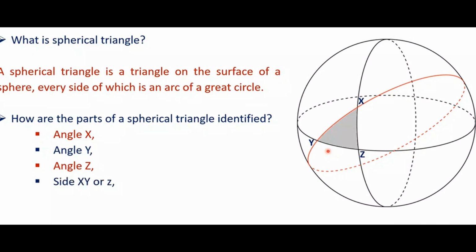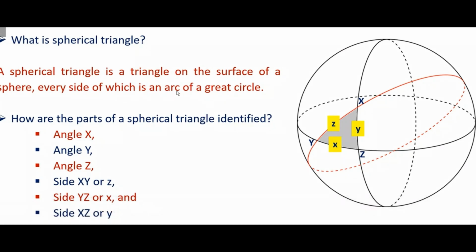So side XY, you can say side XY or you can represent it with small z, as you can see in the diagram. Side YZ, you can represent by small x. And side XZ, you can represent by small y. So you can represent the sides either by using the combination of the vertices, or you can use the opposite angle in the lower case.